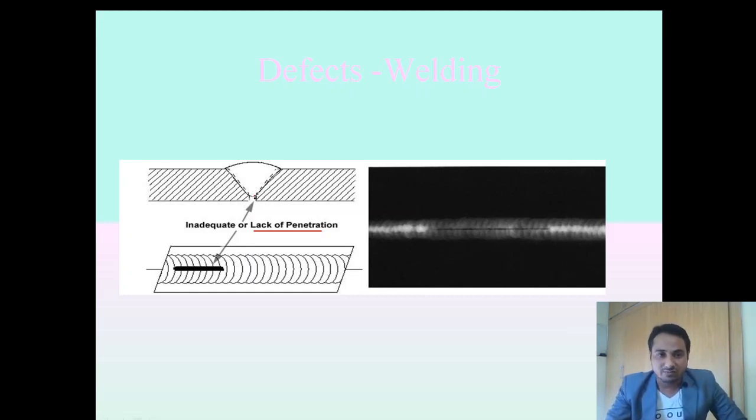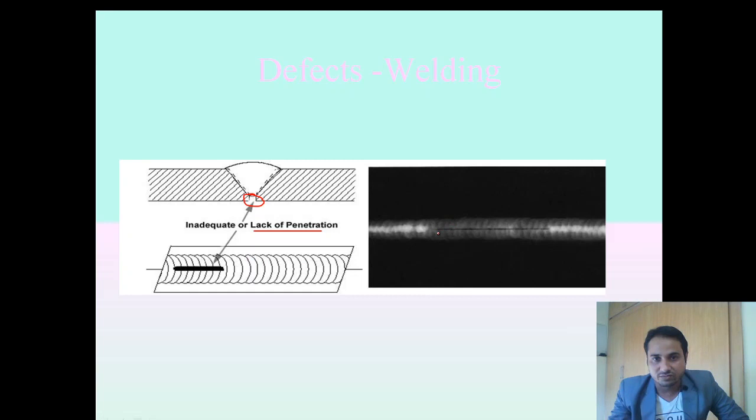So in incomplete penetration, the bottom portion of the root will be unfused, and it will not get fused. How will it be seen in the radiography film?